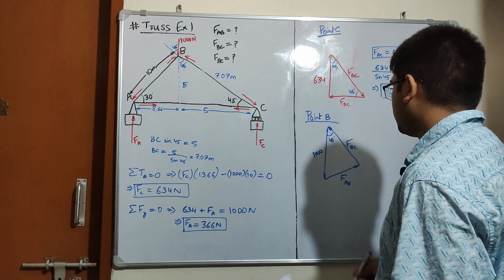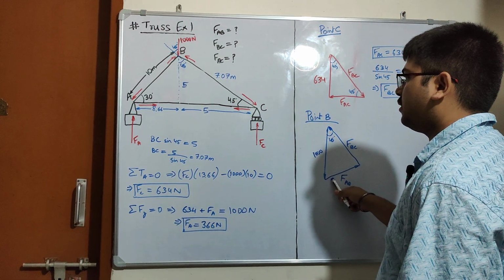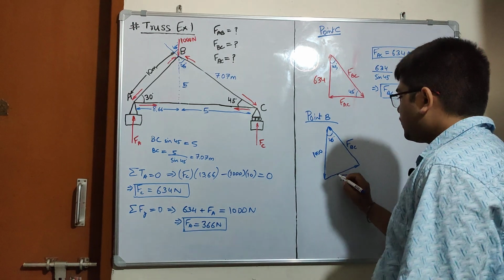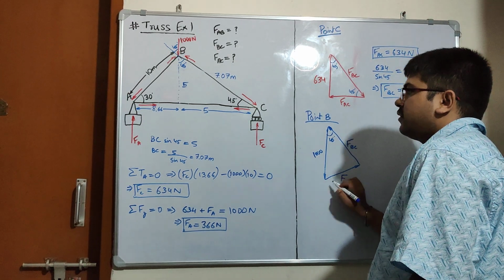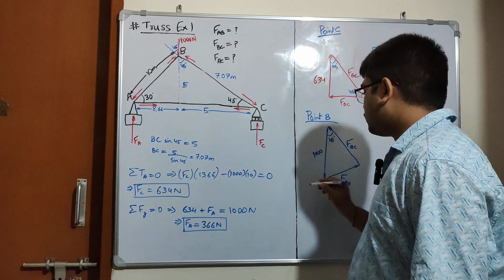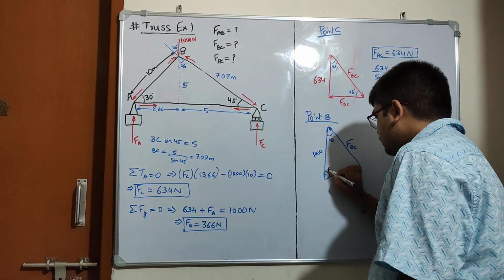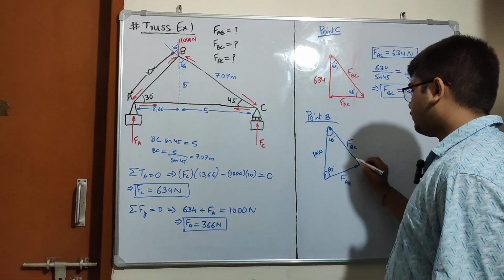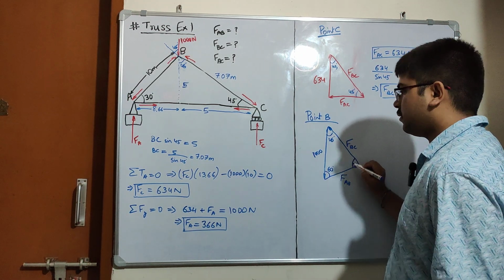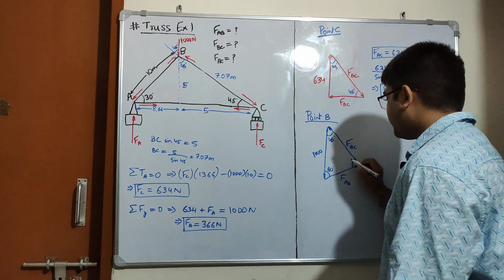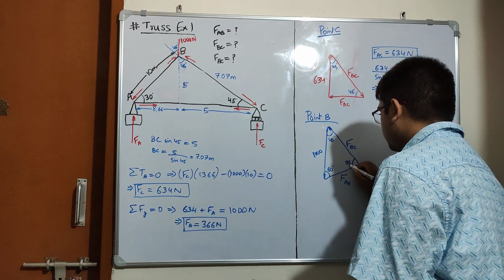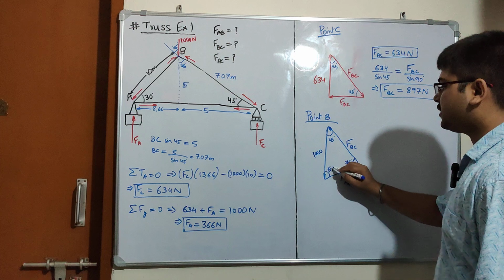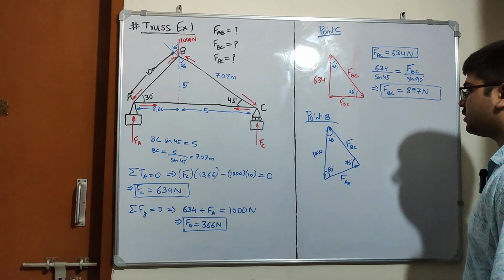Now we can see that this angle is 30 degrees, this 30 degrees, so this angle would be 60 degrees and the rest would be 75 degrees. 180 minus 45 minus 60 will give us 75 degrees.